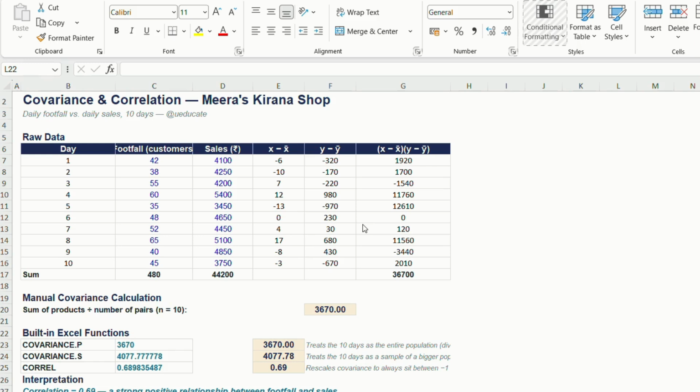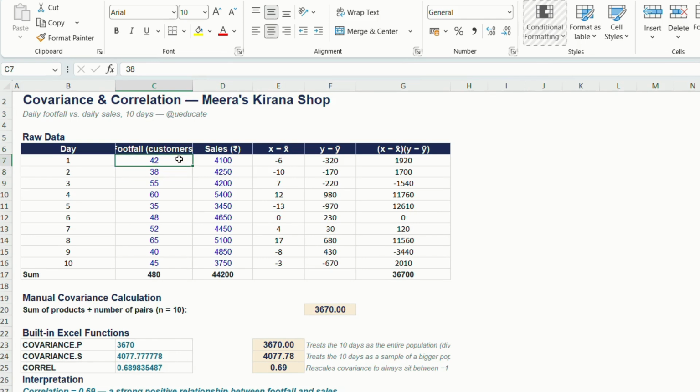First, how do we calculate it? We have this data. This is the customer footfall, the number of customers coming into the shop. Day one has 42 customers and sales are 4100, and on the second day we have 38 customers, but sales increased.